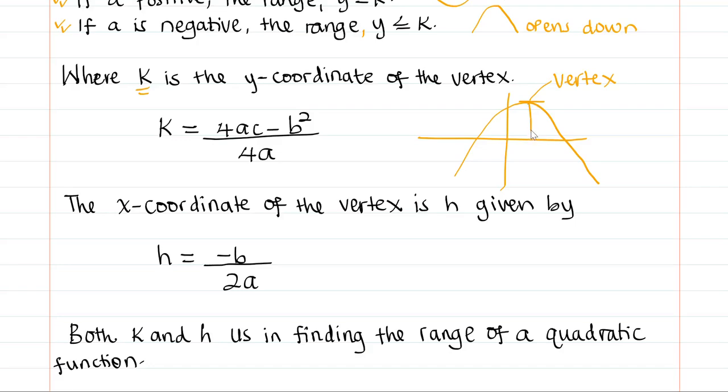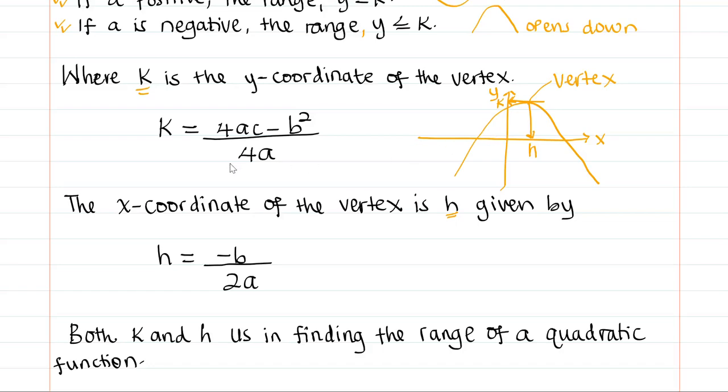It has the coordinate on the x-axis and a coordinate on the y-axis. This is the x-axis, that is the y-axis. The coordinate on the x-axis is what we call h. So h is the x-coordinate of the vertex here. The x-coordinate of the vertex is h, and the y-coordinate of the vertex is k.